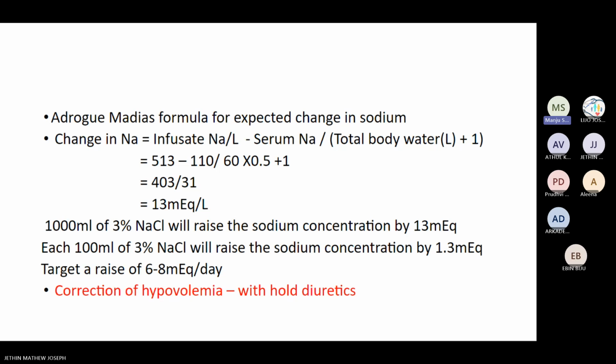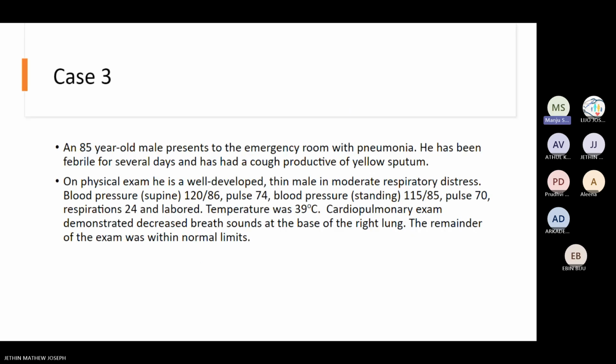So this is basically an example to show you how it's very case based. There is no fixed answer. I cannot tell you how much fluid to give her at what rate. It will be all dependent on how much the patient will tolerate. So, even though we're saying correction of hypovolemia, please remember that it will be based on the patient's status. Next case.